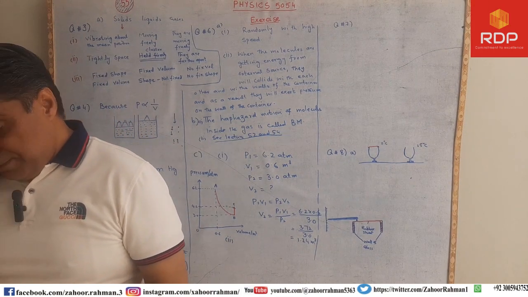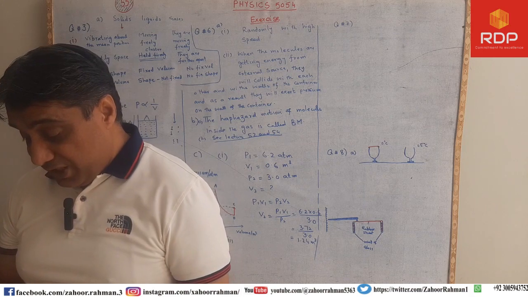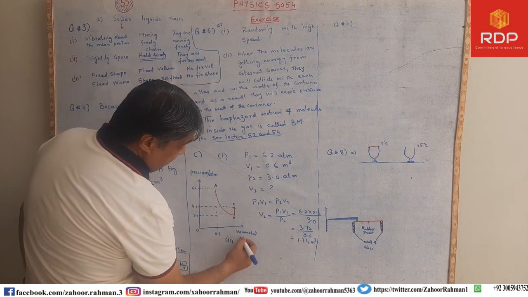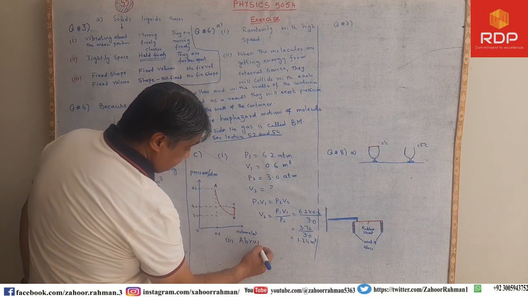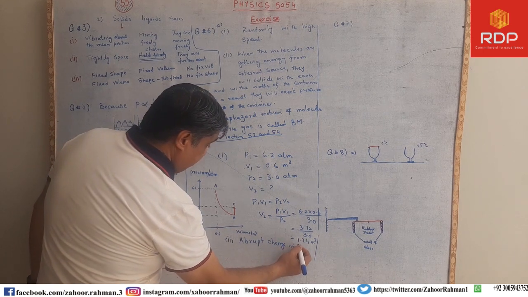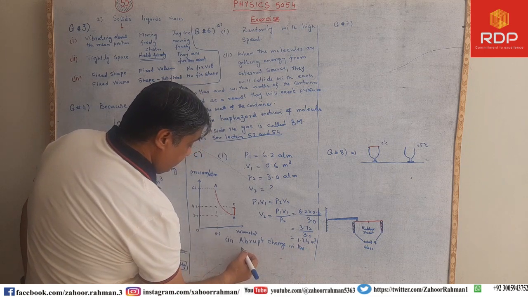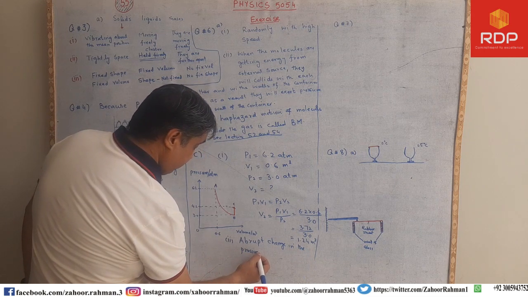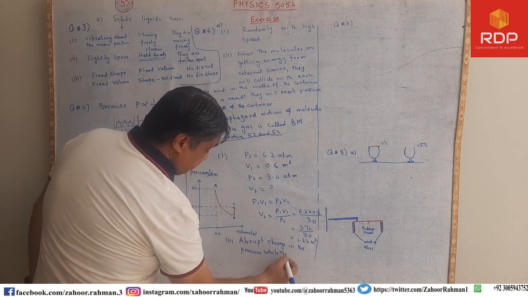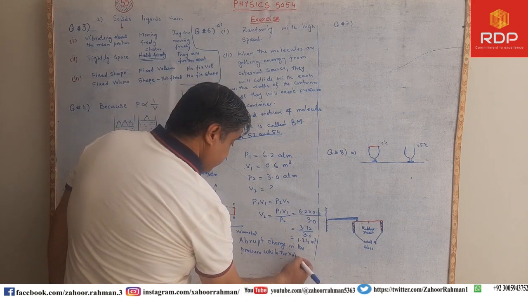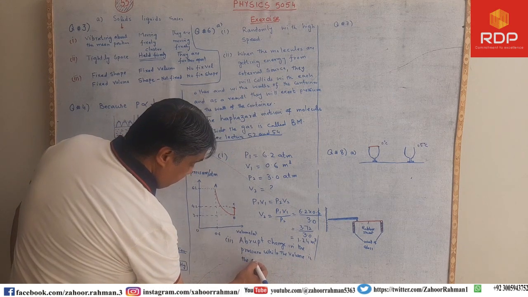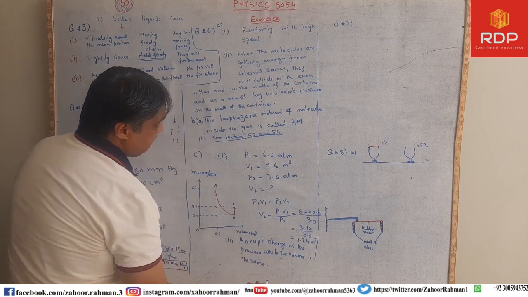Now the second part. The second part explains the nature of the change represented by BC. So there is an abrupt change in the pressure while the volume is the same.